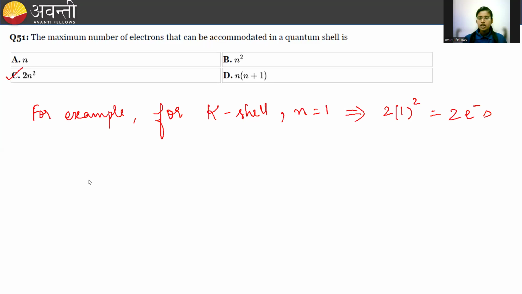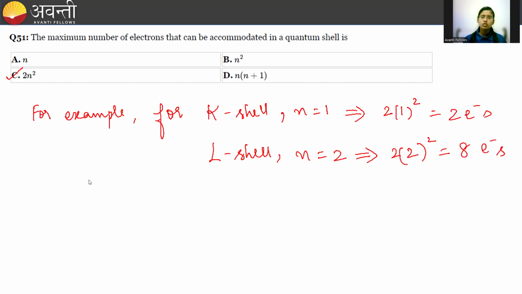Got it? Like if I take L shell, which is the second shell, so second shell means n value will be equal to 2. So in that case, if I substitute n value as 2, I will get 2 into 2 square, which will be equal to 8 electrons. Okay, in the same way, I can go for M. For M shell, n value will be equal to 3. And I can substitute 3, and 3 square will be 9. 9 into 2 will be 18 electrons.